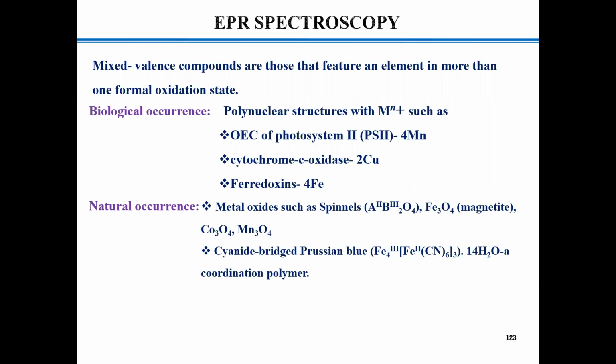But there are certain molecules in nature, in the earth's crust, or in our biological systems, where you will be seeing that metals are in different oxidation states. Now that is more challenging. Once you have metals in different oxidation states, that means you have a potential barrier over there. So one is in say n plus, the other in say n plus 1 plus, or one is n plus, the other is n minus 1 plus.